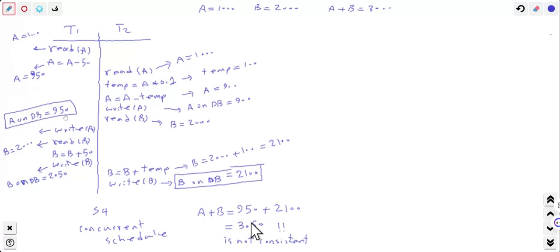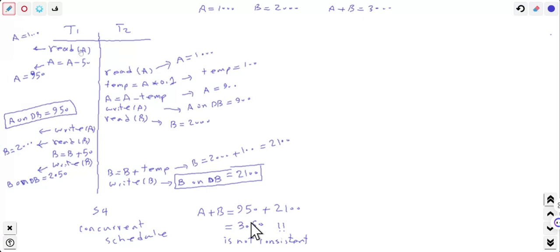So the last value on A is 950. After that, we do not have any write on A. So the last value on A is 950, and if we read A, the value of it is 950.